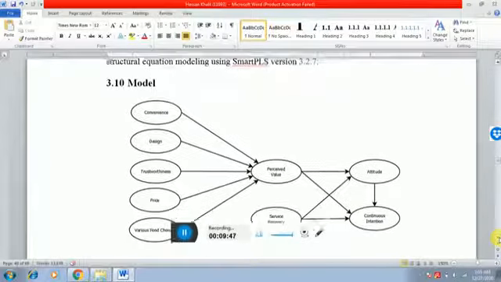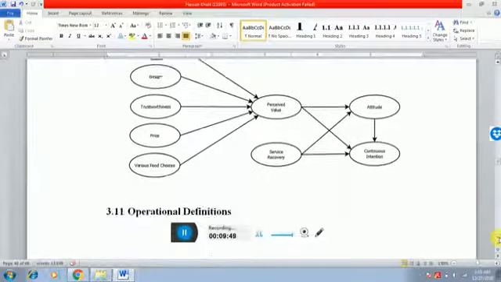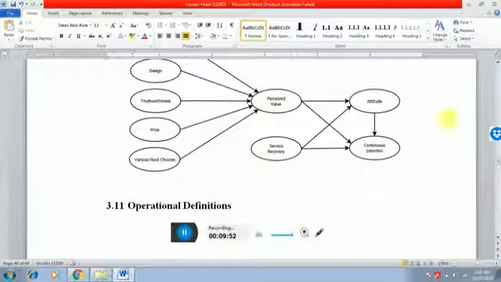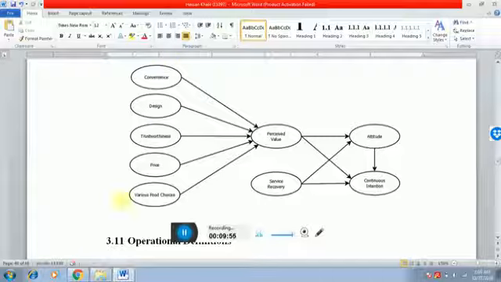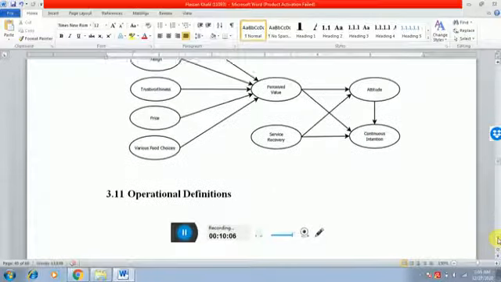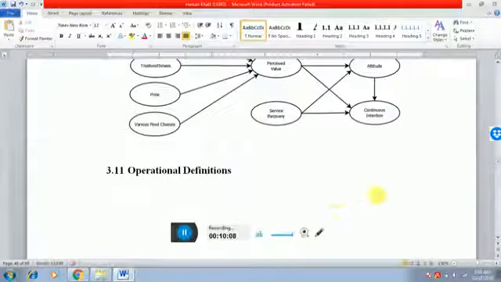After this you have to place your research model, and then in the last heading you have to provide the operational definitions of each and every variable. Let's suppose this is the model, you have to provide the definition of convenience under this section, operational definitions, then design, then trustworthiness, then price, then variety of food choices, and so on. So in 3.11 you have to provide the operational definitions of each variable, whether it is independent, whether it is a mediator, with citations.